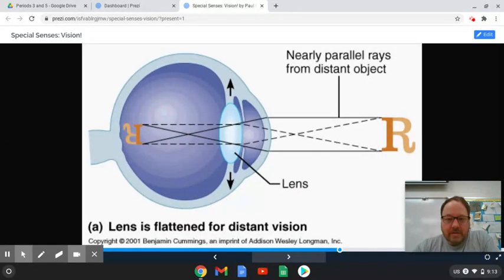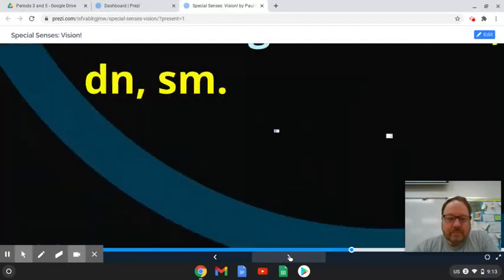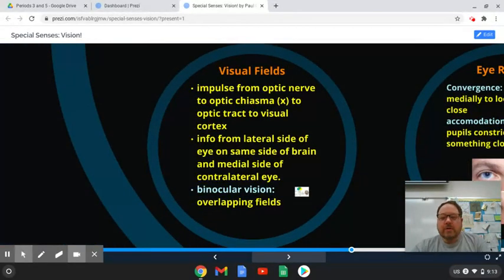All right. Here's just how the image gets flipped upside down and reversed. Again, I wouldn't really worry about that. Just a fun fact. Okay, when we talk about visual fields, we have what's called binocular vision. If you alternate opening and closing your different eyes, you'll see that the image is shifted slightly.